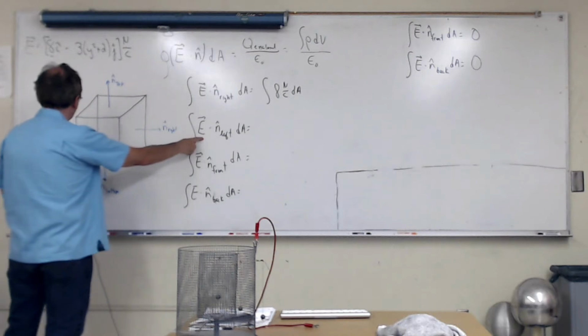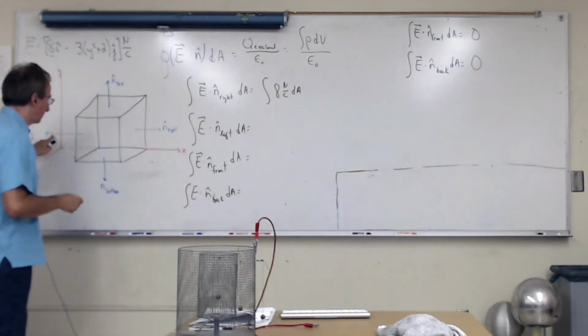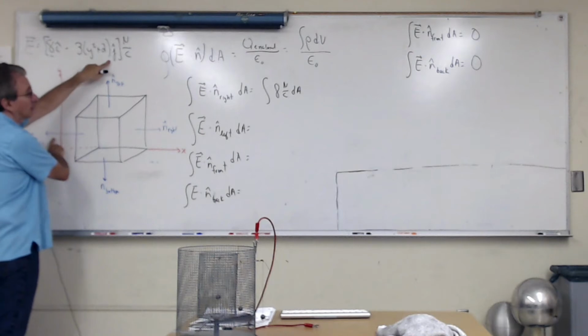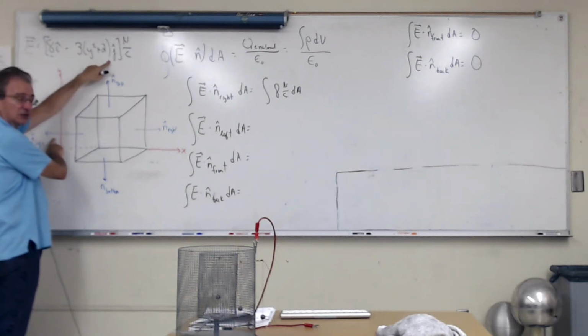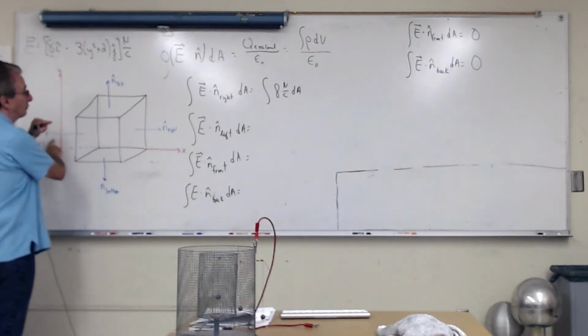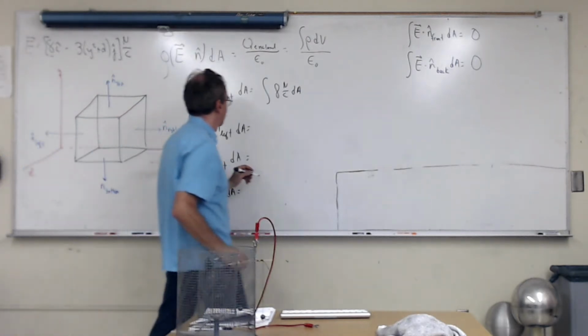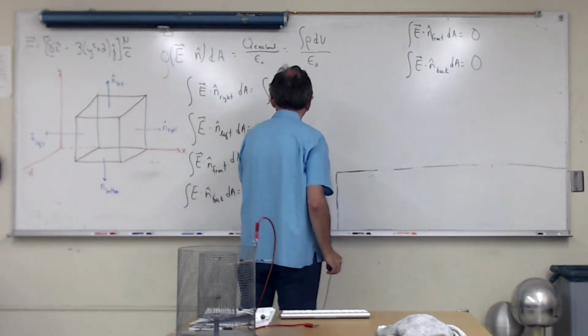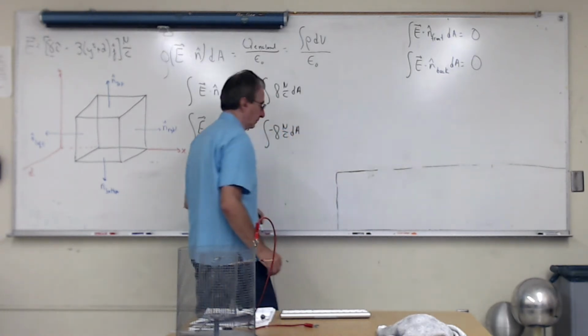The one on the left points in the negative i hat direction. Negative i hat dotted with j hat is 0 because they're perpendicular to each other. And so negative i dotted with i is negative 1. I get that.